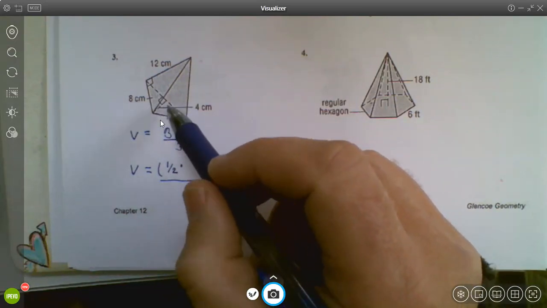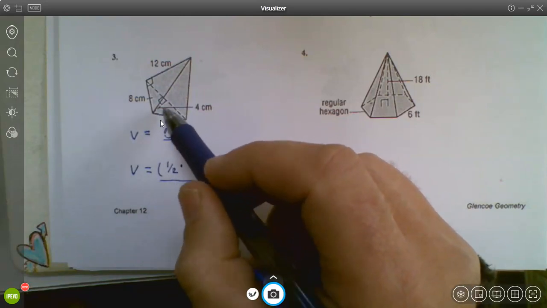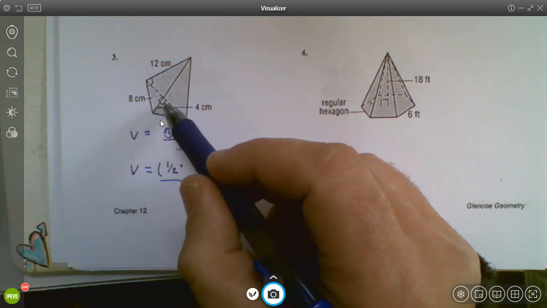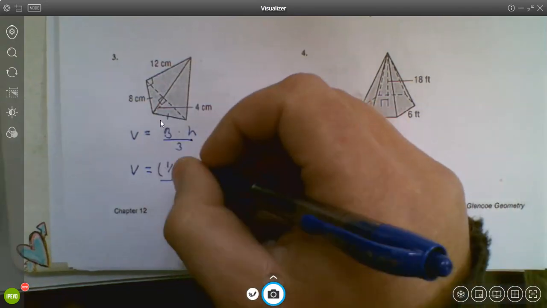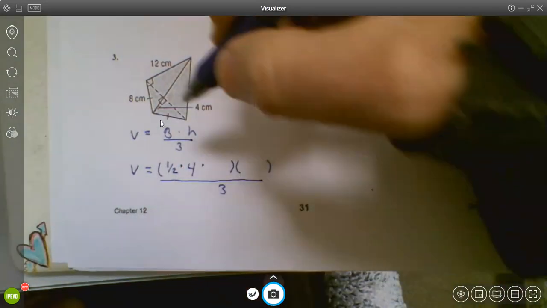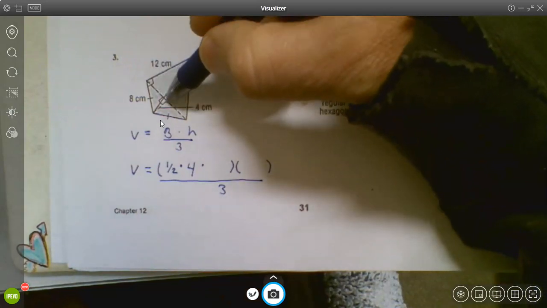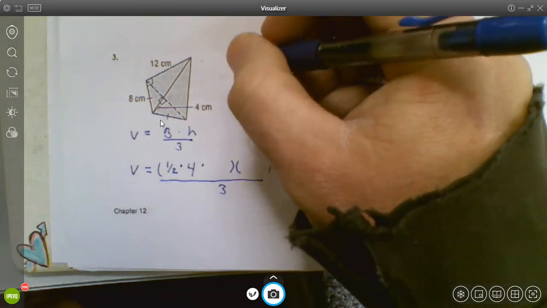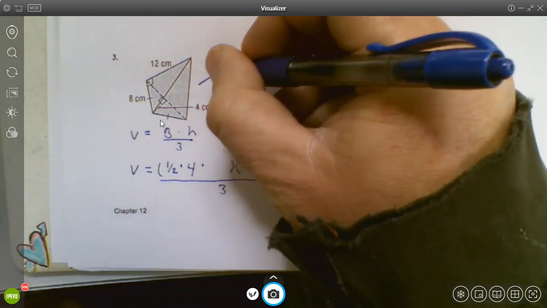I'm going to start with him. So as far as the base of our pyramid, which is this triangle, we do have a height on that triangle is 4. But we need to come up with this piece right here. So I'm going to separate out that triangle because I want you guys to see this a little more clear.